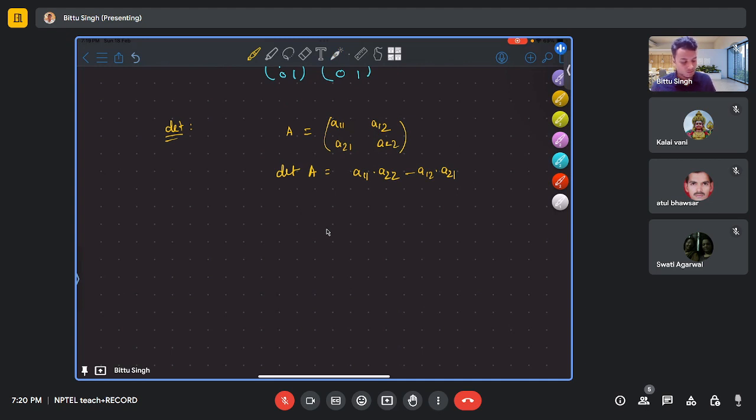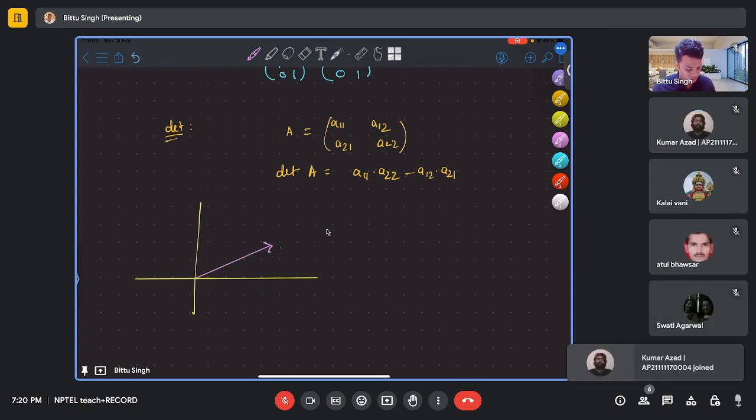So what does this represent? Consider this R2 plane and two vectors. One vector has coordinates a11, a21; this point is a11, comma a21.